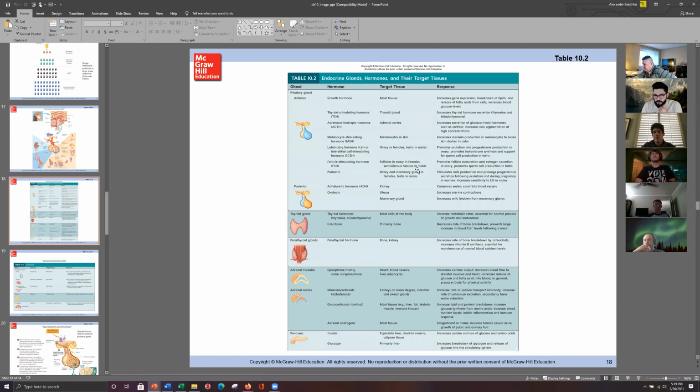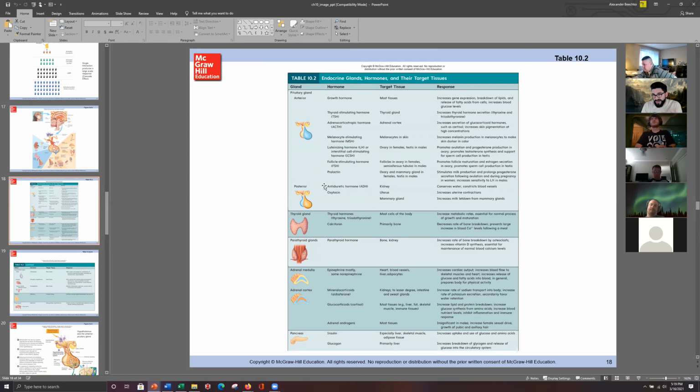Then prolactin, ovary and mammary gland in females, testes in the males, stimulates milk production and prolongs progesterone secretion following ovulation and during pregnancy in women, increases sensitivity to luteinizing hormone in males, so increases the ability to maintain sperm cell production. Then we have the posterior pituitary, antidiuretic hormone, produced again by the hypothalamus, but released by the posterior pituitary.